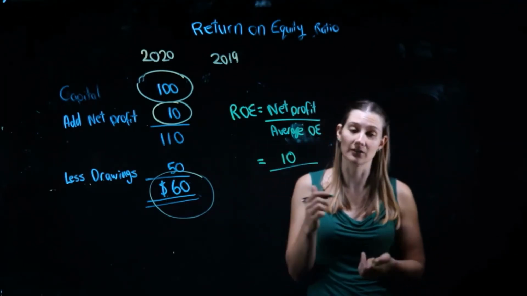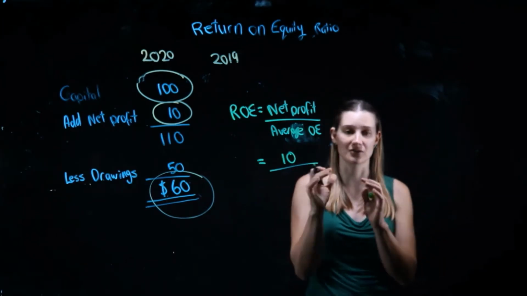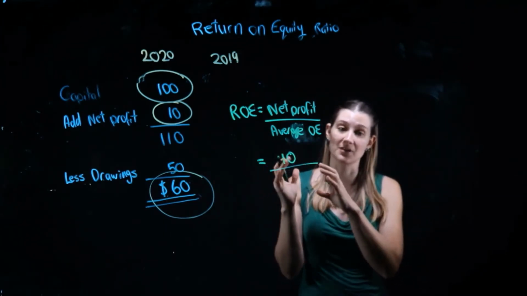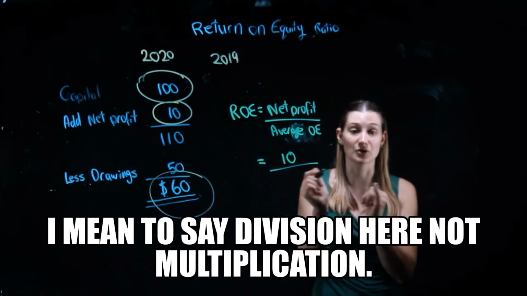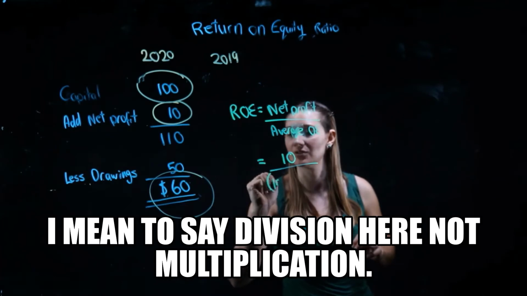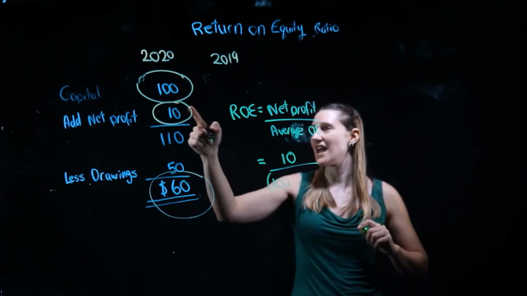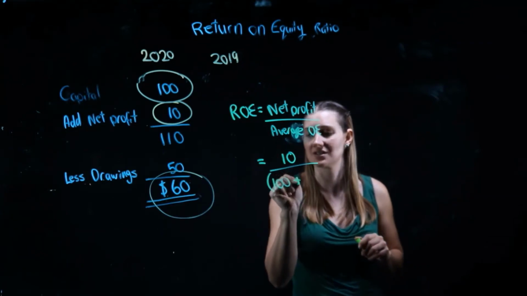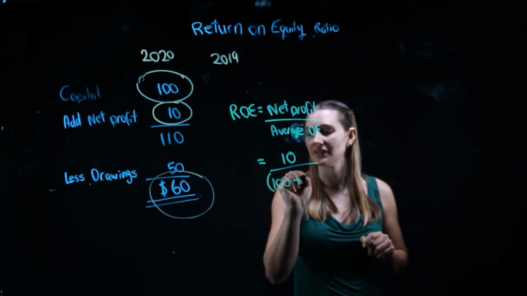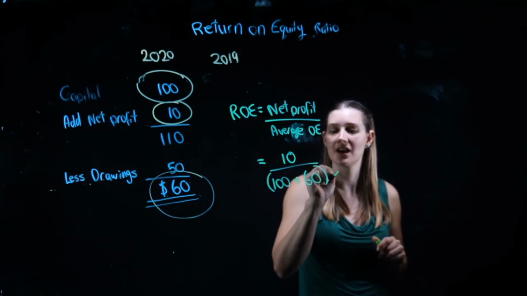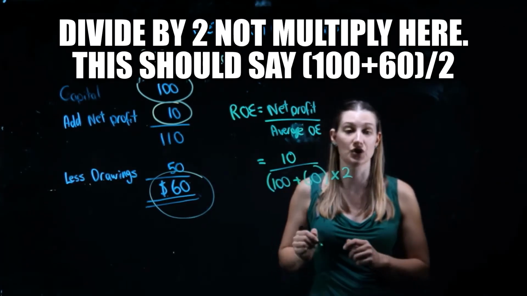If you're in Excel or if you're on your calculator, you'll need to do the addition first. So if you were doing this in Excel, you'd need the brackets because otherwise Excel is going to do the multiplication first. So in brackets, I would put the opening owner's equity, which is 100. I would then add to that my closing owner's equity, which is the 60, plus 60, close the bracket, and then I would be timesing that number by 2.